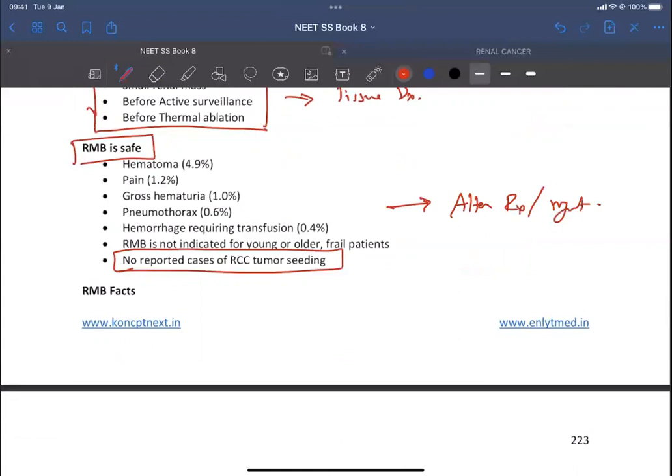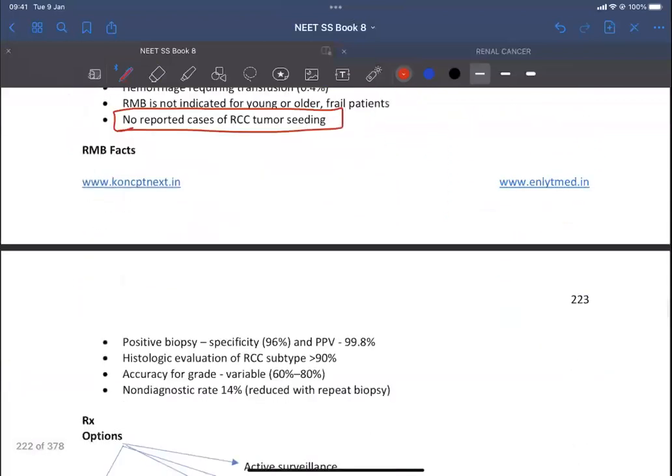You do not do it in someone who's on watchful waiting. You do it for someone who's on active surveillance so that you can make sure you've chosen the right treatment, not for someone on watchful waiting, where you're not going to intervene even if it turns out to be a papillary tumor instead of a clear cell. The most common complication is bleeding, usually in the form of a hematoma, which settles down on its own.